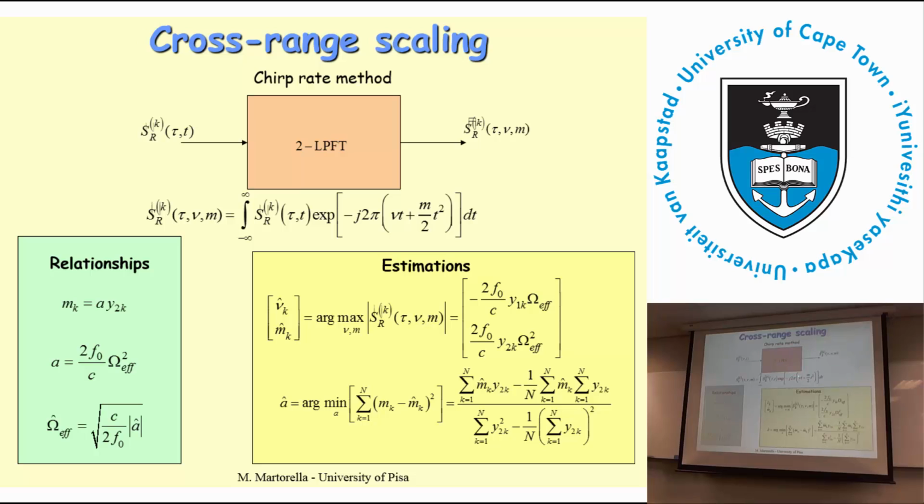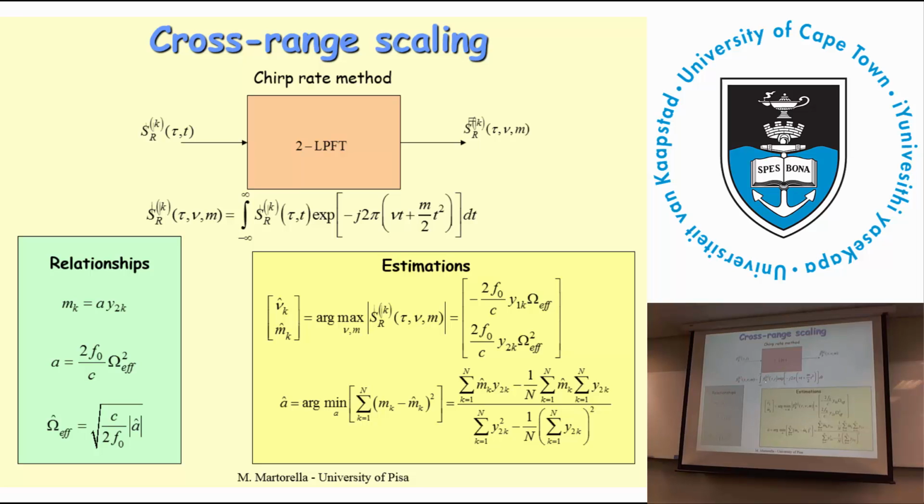A polynomial Fourier transform means that now the kernel of my transformation is not just e to the minus j2 pi nu t, but now adding another term here that depends on this value m. M is called chirp rate. Because the larger the value of m, the steeper is the chirp rate. So this is a chirp type of signal, right? The quadratic phase gives you chirp signal.